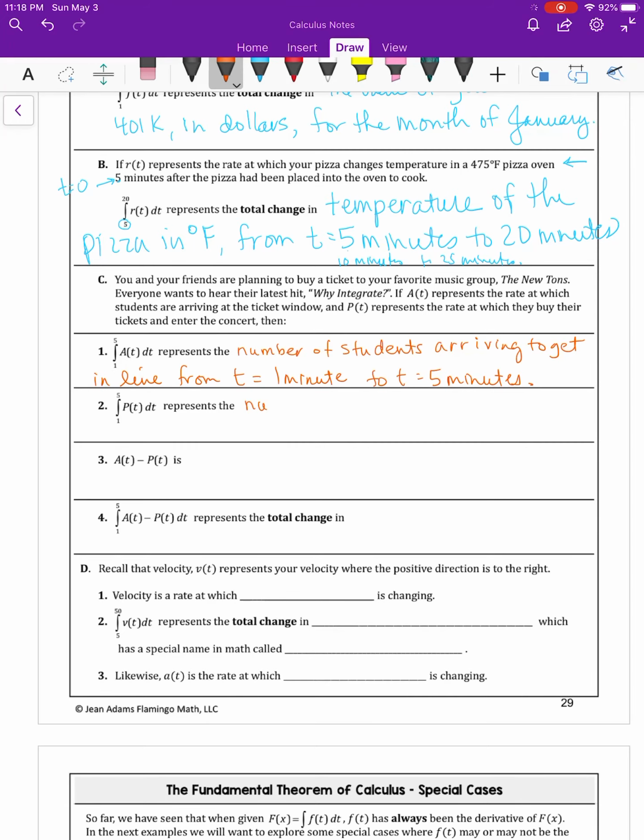So the integral from 1 to 5 of P of t represents, P of t was the rate at which they buy their tickets and enter the concert.